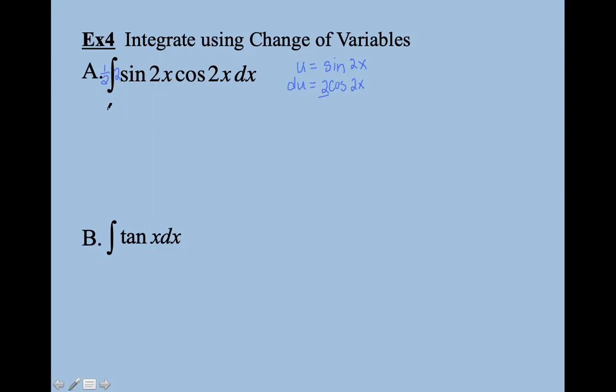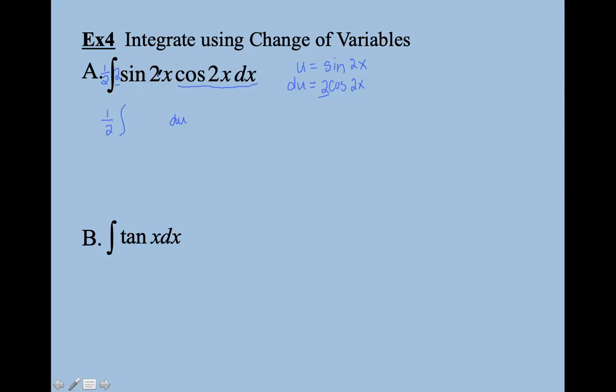So this integral now is going to turn into 1/2. And again, remember, we're doing the change of variables. So our du is this whole cosine 2x dx with the 2.